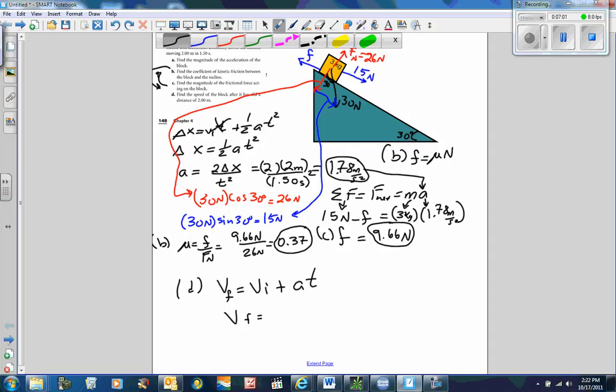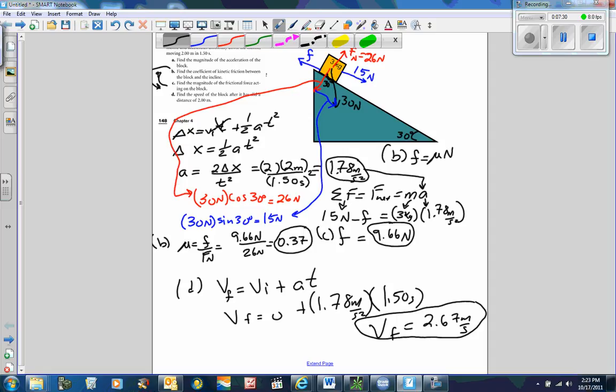V final equals 0 plus 1.78 meters per second squared times 1.50 seconds. 1.78 times 1.5 gives me 2.67. And if you look in the book's answer, that is right, 2.67 meters per second. So there you go. That's how you do number 48.